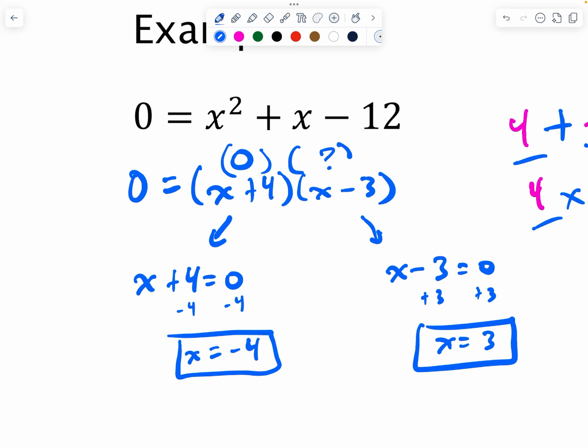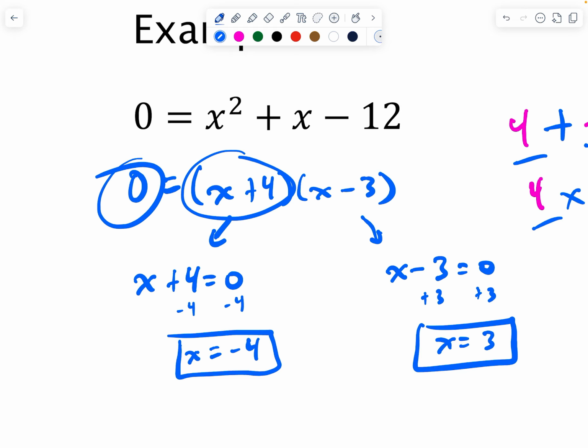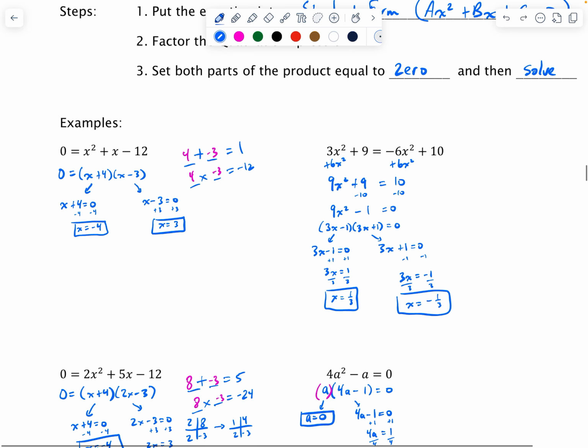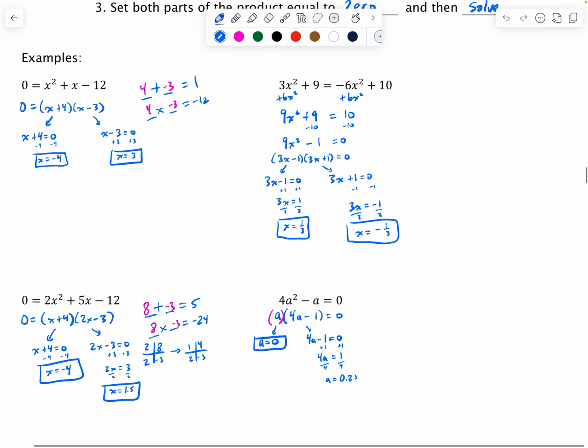And 0 times whatever that is, it doesn't matter, is 0. So if we make this equal to 0, then the whole thing equals 0. Or if this equals 0, then again the whole thing equals 0. So all we have to do is set one of the products equal to 0, and we'll get a solution.